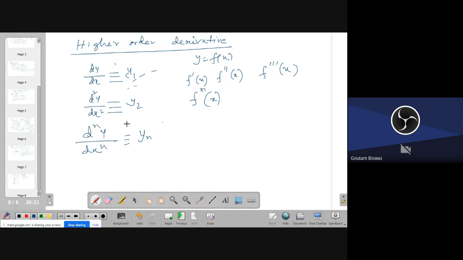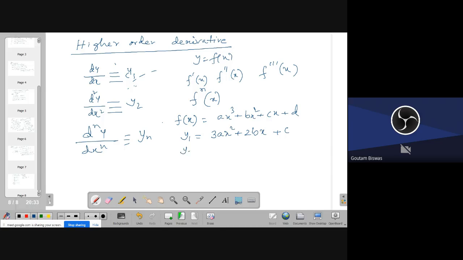I can give you an example. Say f(x) = ax cube + bx square + cx + d, where a, b, c are real or complex numbers. So y1 is equal to 3ax square + 2bx + c, d goes to 0.